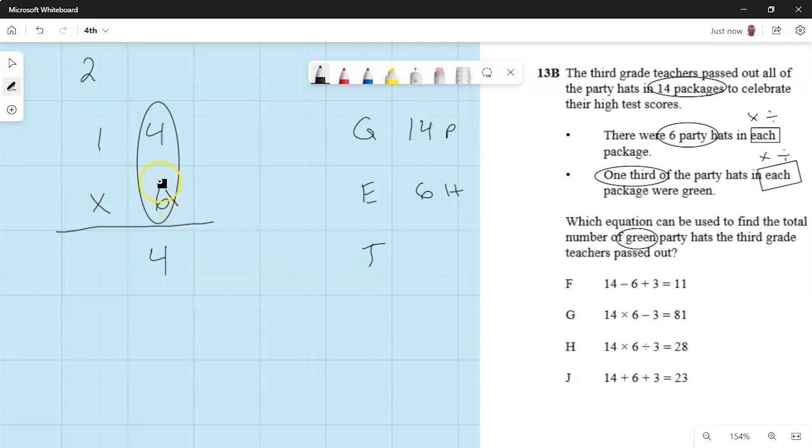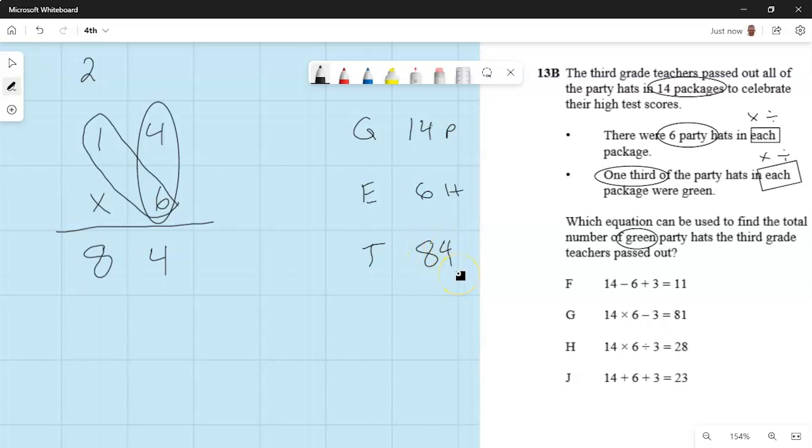Then I multiply the ones place by the tens place. 6 times 10 is 60, plus another 20, that'd be 80. So that means there are 84 party hats.